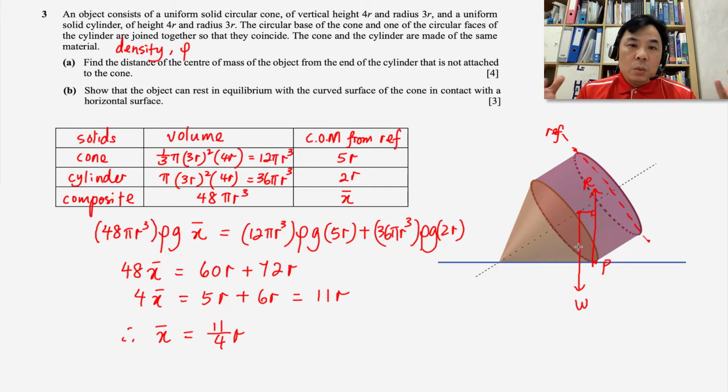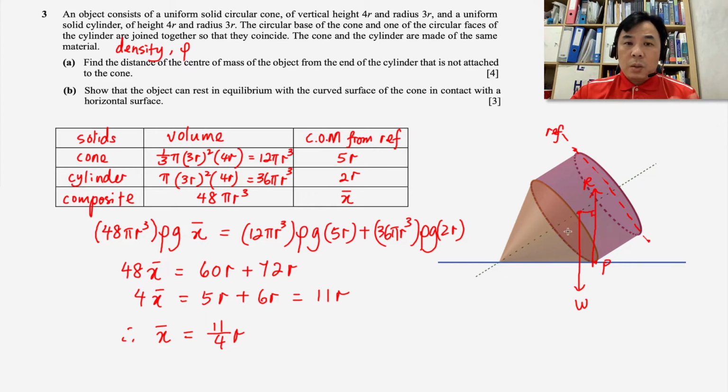But of course, there's a worst case scenario. We assume the theoretical conditions whereby it will not sink into the horizontal surface. So this turning effect will not turn this object into a condition that it would actually sink, right? Now, that is the condition that we want to achieve.